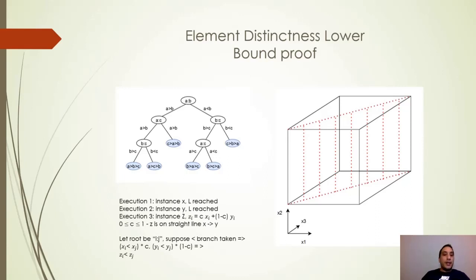The same thing applies to y, and hence yi is going to be less than yj, because they both follow the same path, since they both reach the leaf L. If we multiply the first inequality by c and multiply the second one, which is yi less than yj, by 1 minus c, and add both inequalities, we can conclude that zi is also going to be less than zj.